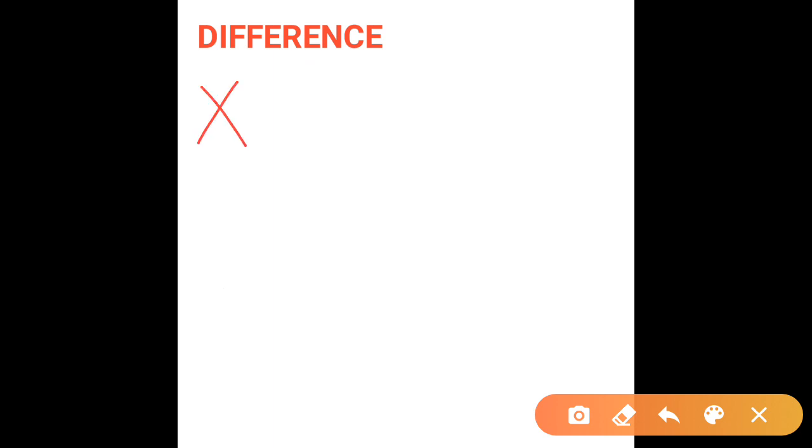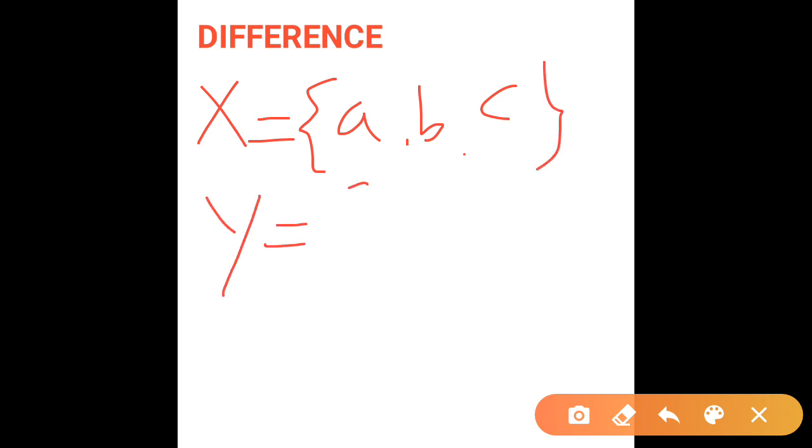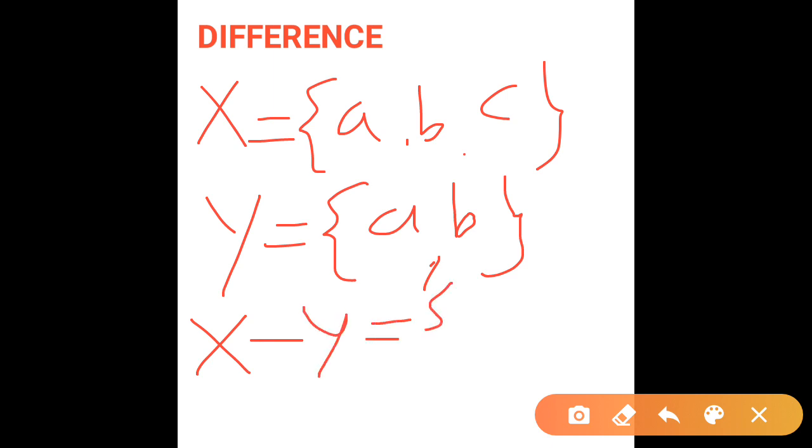So next one, x equal to a, b, c and y equal to a, b. So now I'm doing what? X minus y. X minus y means, common elements should be cut first of all. a cancels, b also cancels.